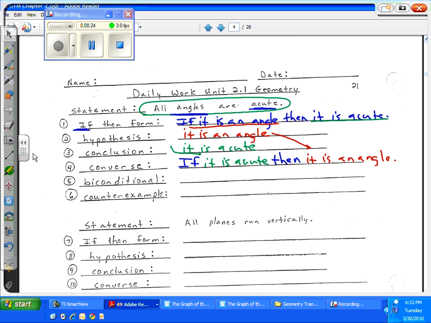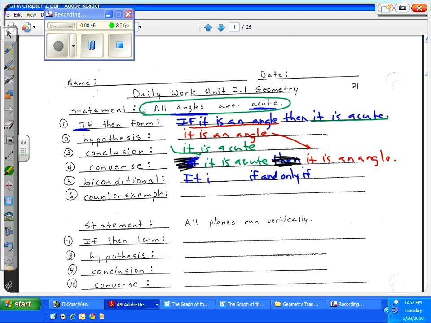A biconditional, you drop the if and drop the then, and you put if and only if where the then was.